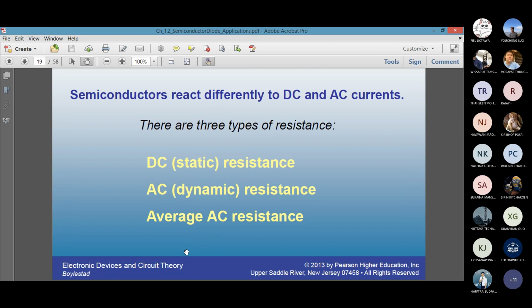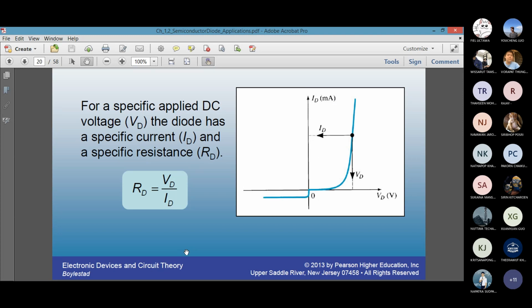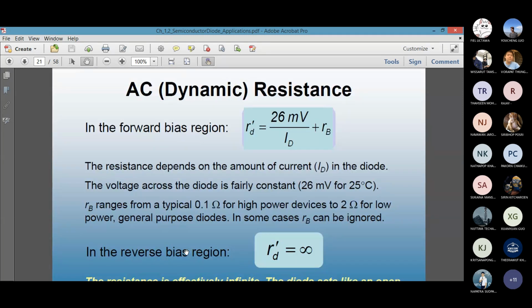Different types of resistances for the diode. You can read about it, static and dynamic resistance. For the DC mode, the static resistance is given by Ohm's law, forward voltage divided by forward current. For dynamic or AC resistance, it is given by this equation, 26 millivolt over ID plus RB.